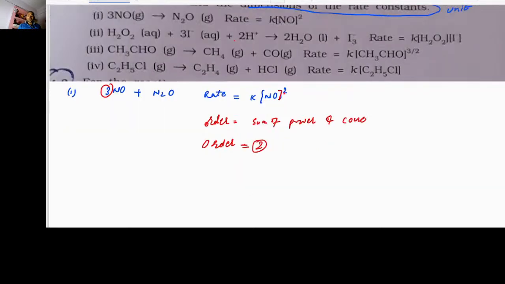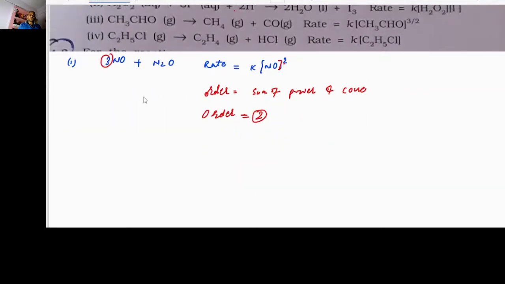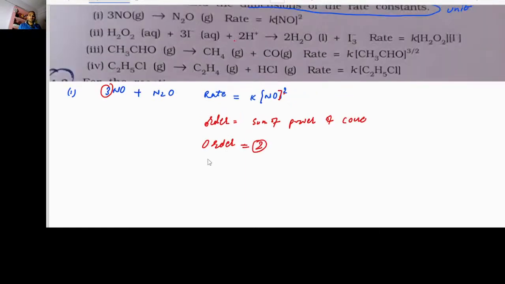Now the most important thing is the dimension, which we can derive from this expression only.